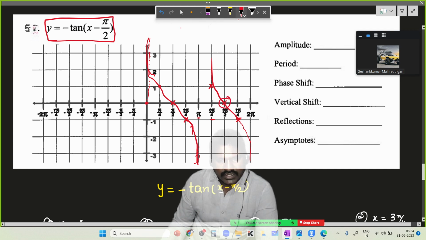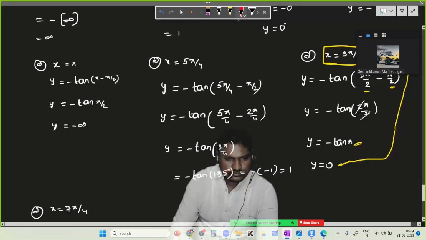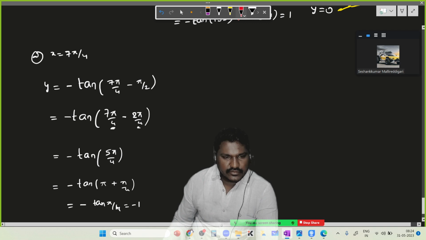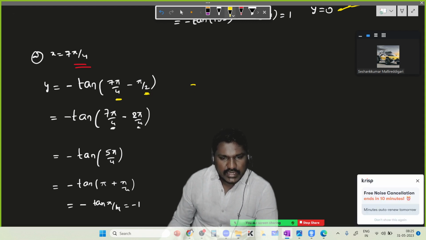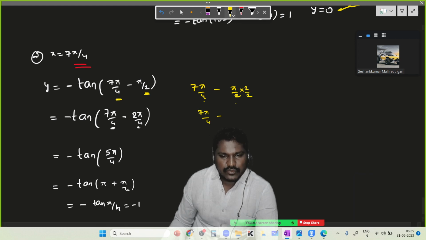Okay, now we'll check at x is equal to 7 pi by 4. We just have to substitute the value of x as 7 pi by 4. So it will become 7 pi by 4 minus pi by 2. It becomes easy when the denominators are the same, so I'll multiply this by 2 and 2. It becomes 7 pi by 4 minus 2 pi by 4, which is 5 pi by 4. So minus tan of 5 pi by 4.